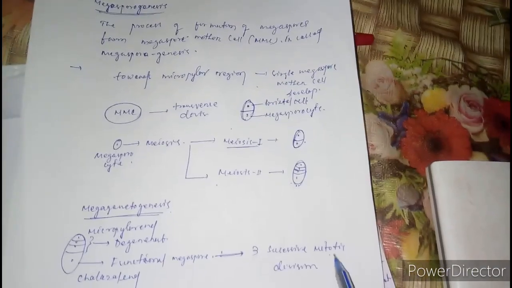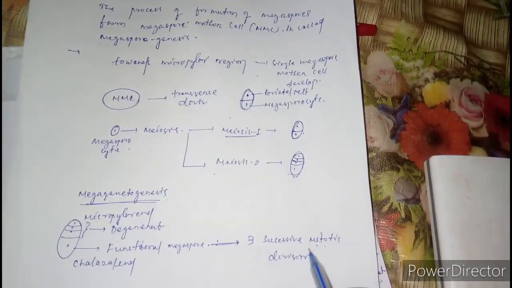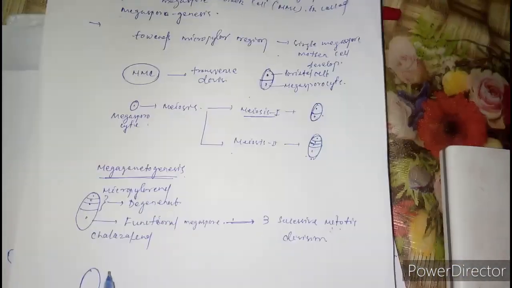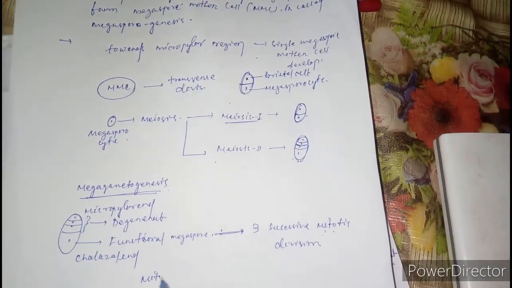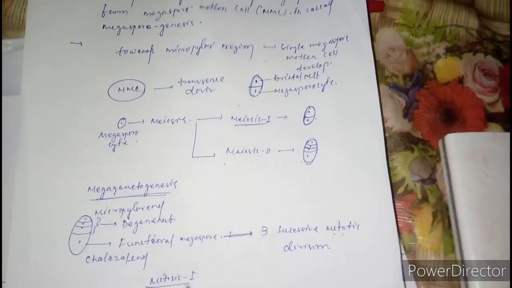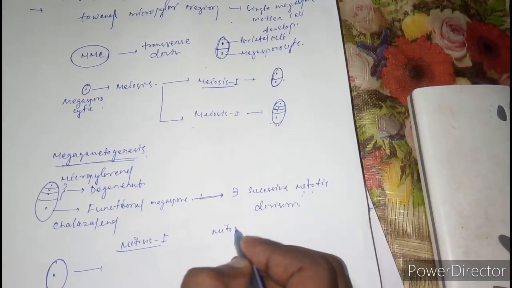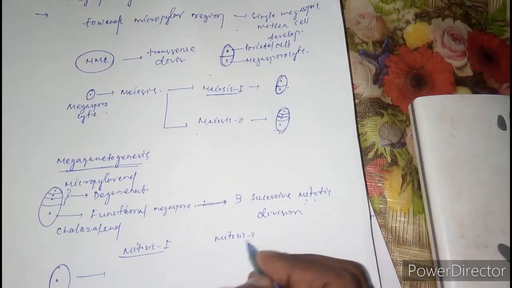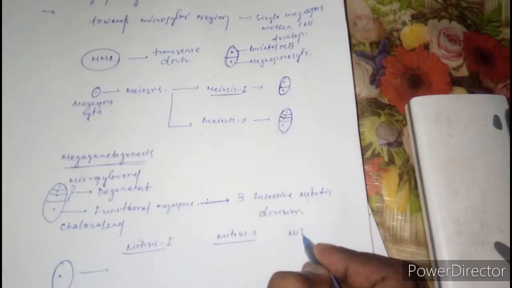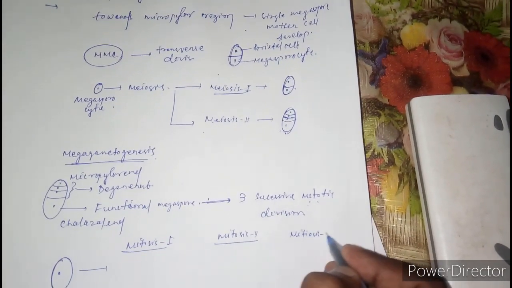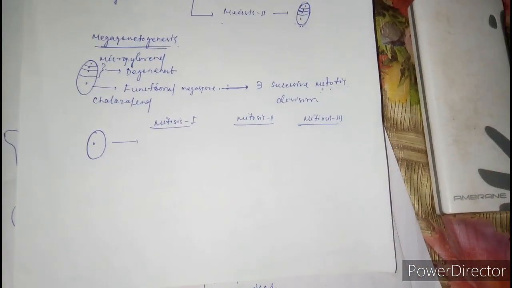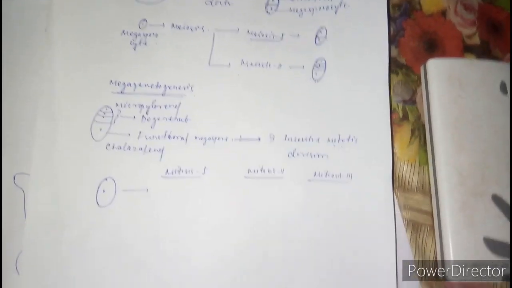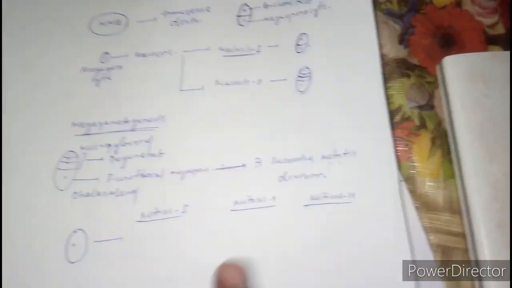Only three successive free nuclear mitotic divisions: only the nucleus undergoes division in mitosis 1, mitosis 2, and mitosis 3. First the nucleus undergoes division, and after it cytoplasmic division will occur.